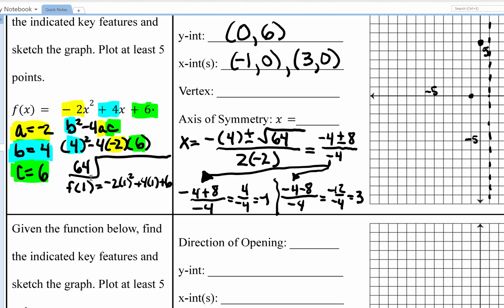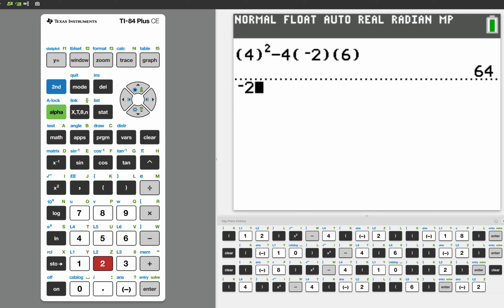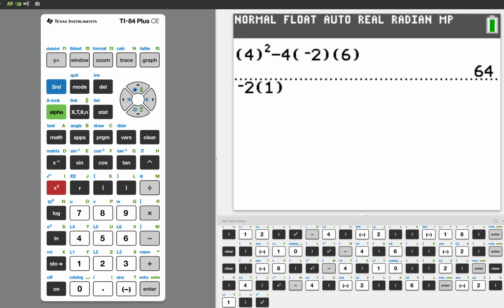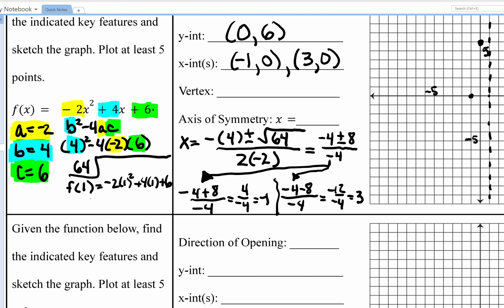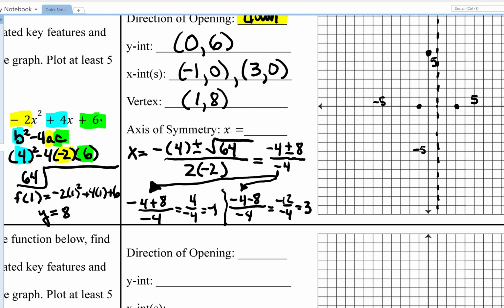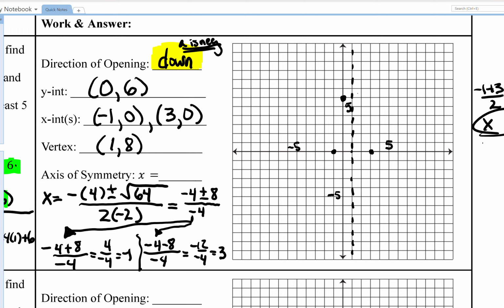I can plug that into my calculator, and that gives me 8. So y equals 8. When x equals 1, y equals 8. So my vertex is the point 1, 8. I go over 1, I go up: 5, 6, 7, 8. And there's my vertex.